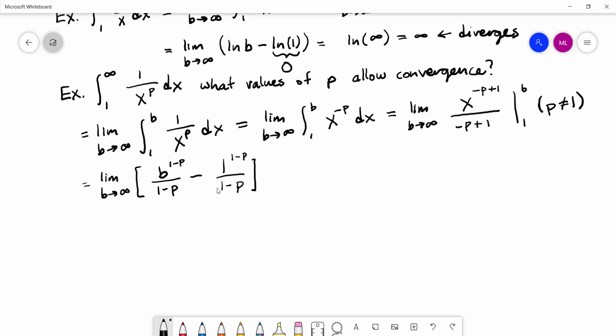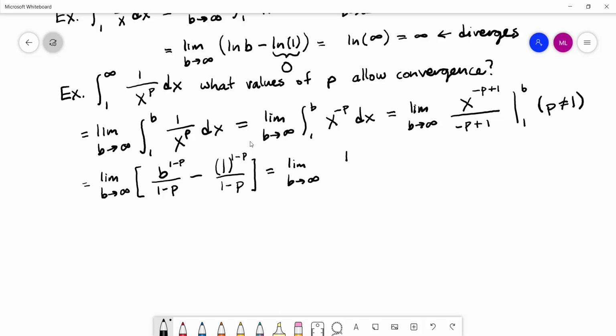What is this piece going to simplify to? Well, I'm taking 1 to the power 1 minus p. Doesn't matter what power I take 1 to, it's always going to be 1. So if we evaluate that limit, let me write this a little more cleanly, and we'll be careful with this limit in just a minute.